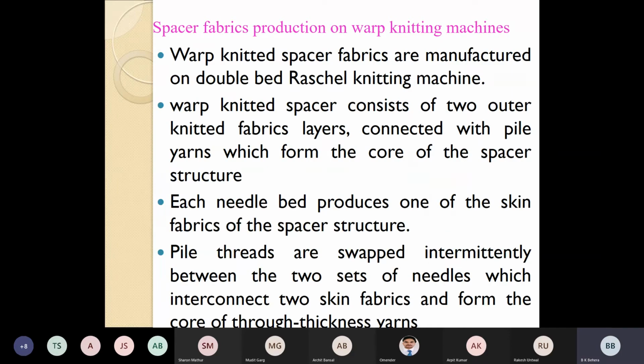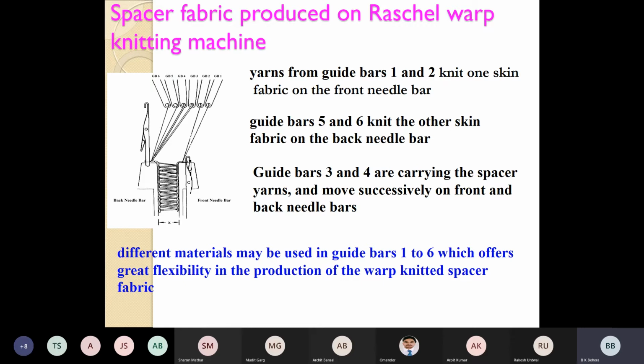Spacer fabric produced on warp knitting. You can see it in any book. I'll just explain the mechanism. Look at the mechanism. You must know what a warp knitting machine is from your basic fabric manufacturing 2 course.